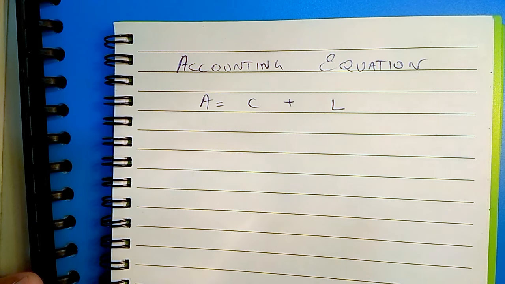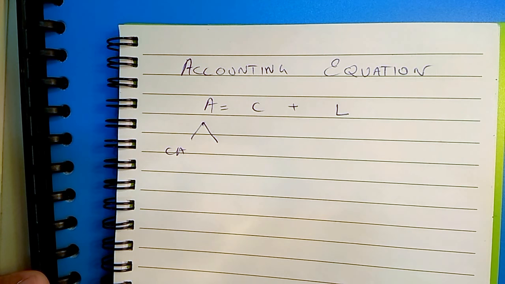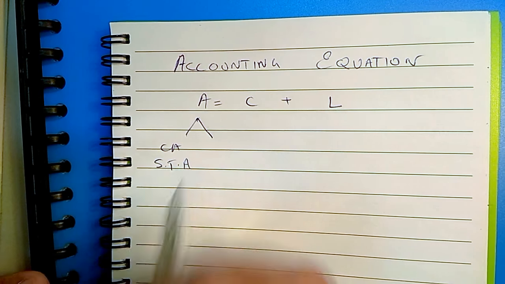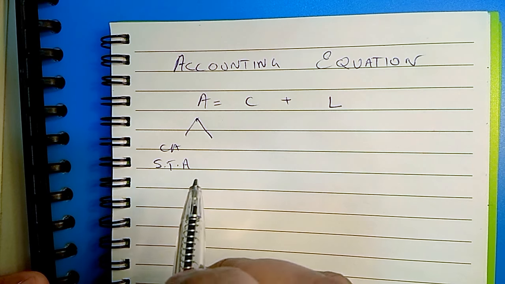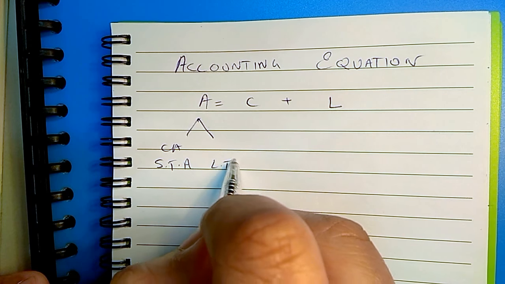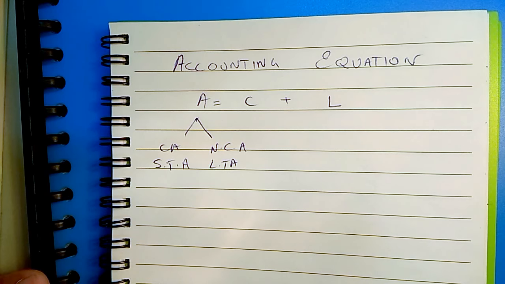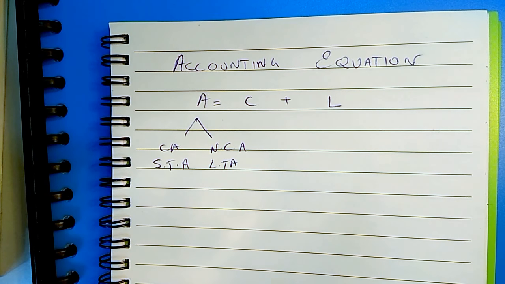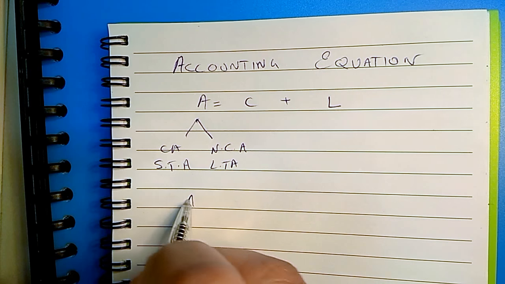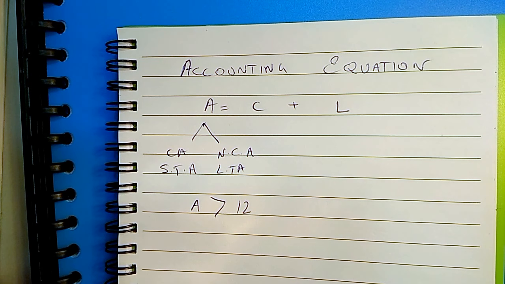So assets can be current assets, which is also known as short-term assets, and assets can be long-term assets or non-current assets. To qualify as a current or a non-current asset, it depends on whether the business will own the asset for more than 12 months.